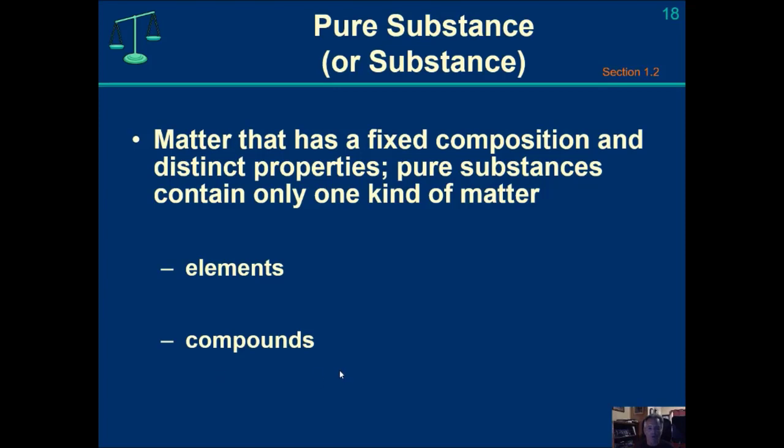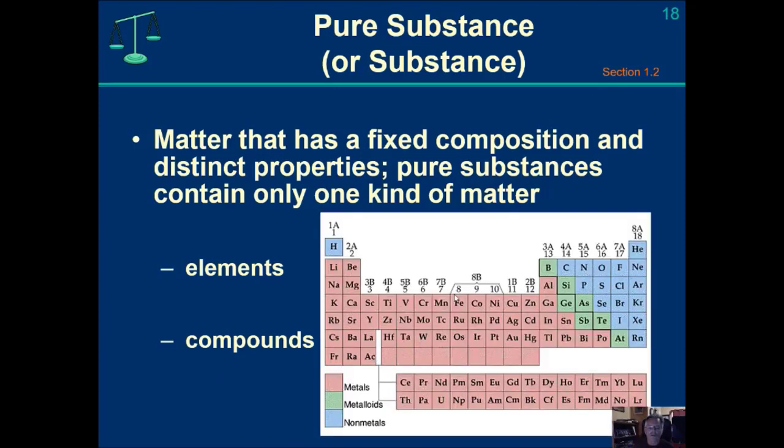So if I look at a periodic table, and this is the periodic table of the elements, each of these symbols represents one particular element. So Zn is zinc, and if I only have atoms of zinc, and remember atoms are the smallest unit of an element, if I only have atoms of zinc, I have a pure elemental substance.